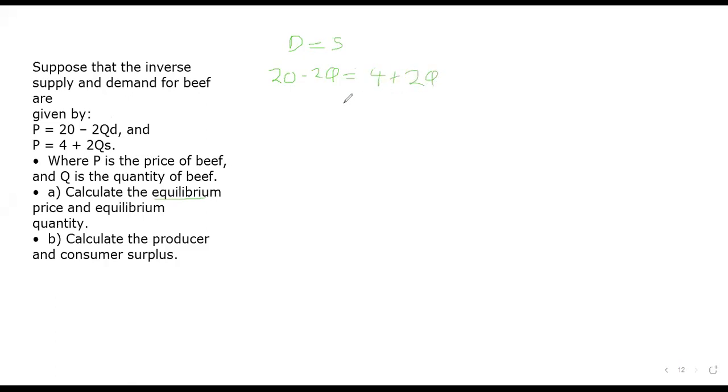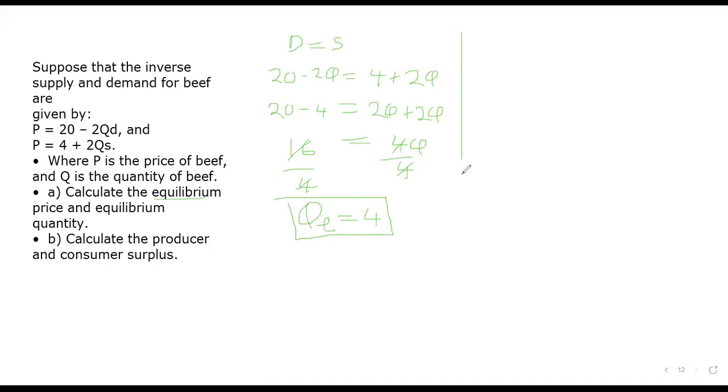Correct. So what do we do at this point? We bring the numbers together. So I found 16 equals 4Q. I divided by 4 on both sides. Then I found 4. Excellent. I was wondering what that 4 is. What is the equilibrium quantity? It's Q.